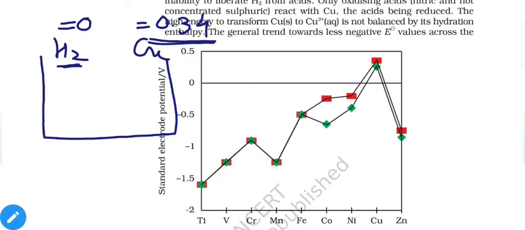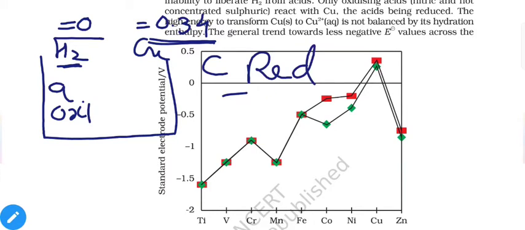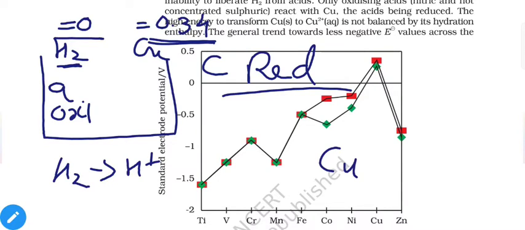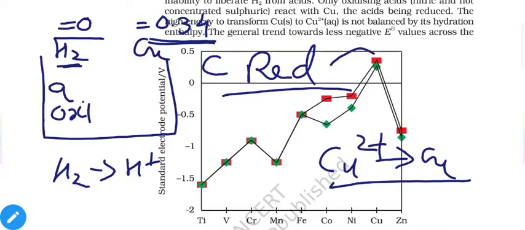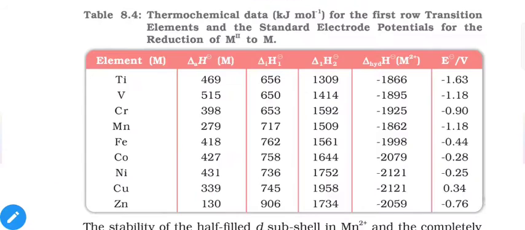And as we know, a higher value follows a cathodic reaction, a lower value follows an anodic reaction, that means oxidation, whereas copper will be reduced. So it cannot liberate hydrogen from the acid. H2 to H+ means it will be oxidized. For copper, our reaction will be Cu2+ to Cu, that means it will be reduced. That's why it has a positive value. So here thermochemical data are mentioned and their values are also mentioned, so you can compare.